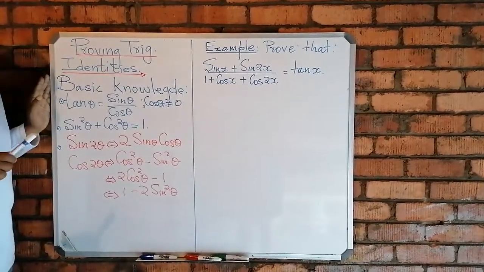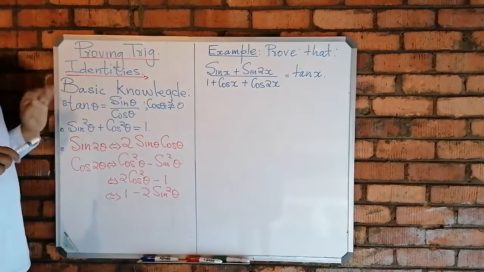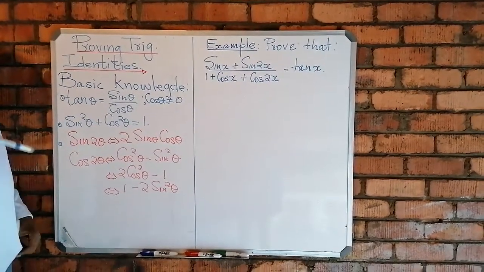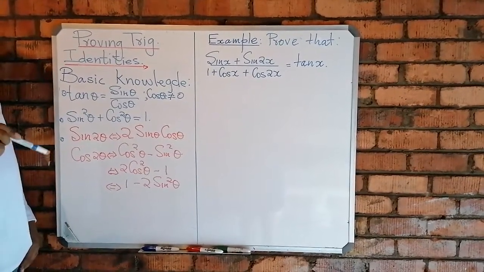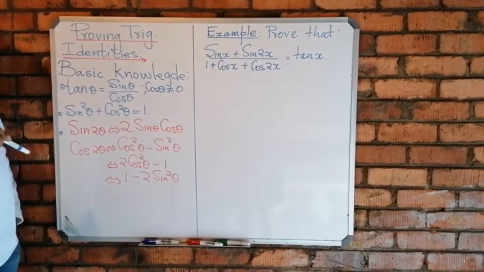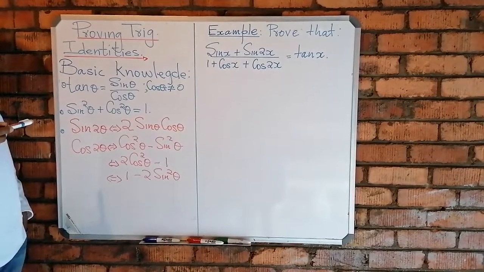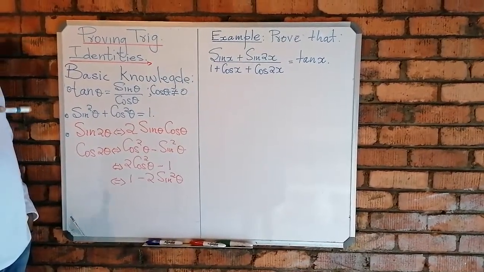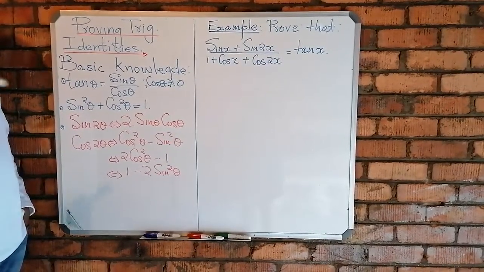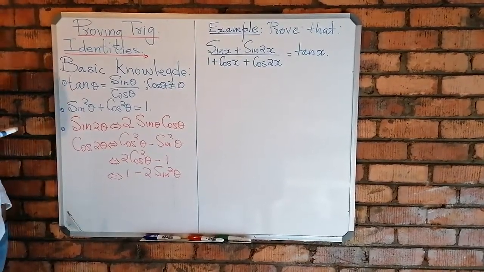Now, in most cases, people normally say to me, but tell me, how do you know what to substitute cos 2x with? And I always say to them, because the given mathematical problem tells me what to do. I'm going to show you that.